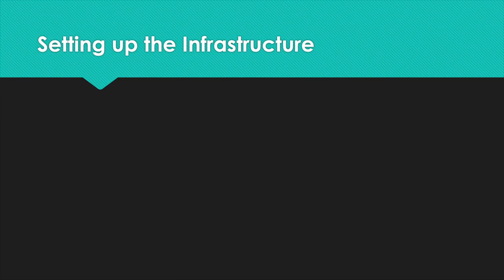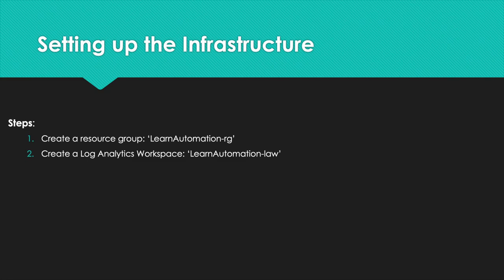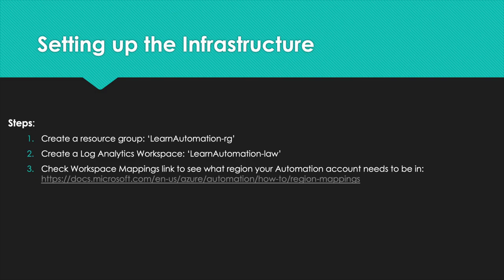Now we're going to go ahead and move through setting up the infrastructure for Azure Automation. We're going to create the resource group, create the log analytics workspace. We need to check the workspace mappings.